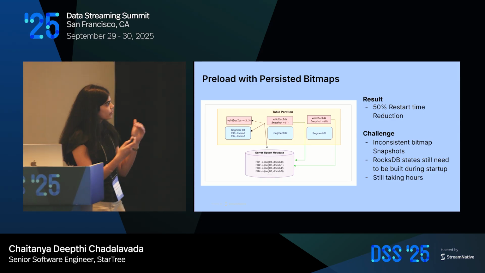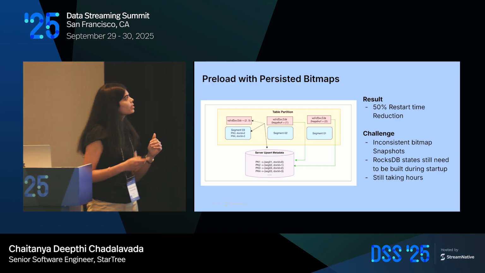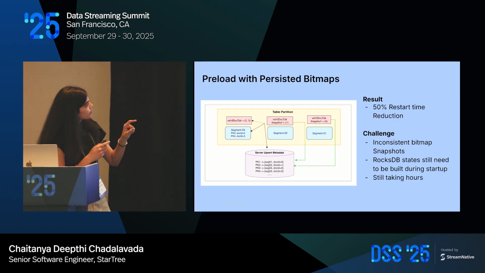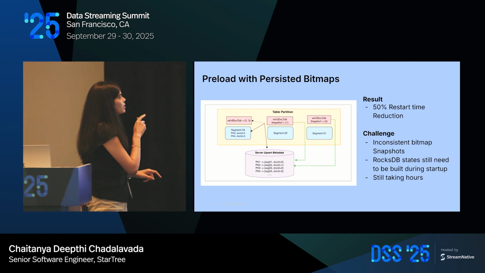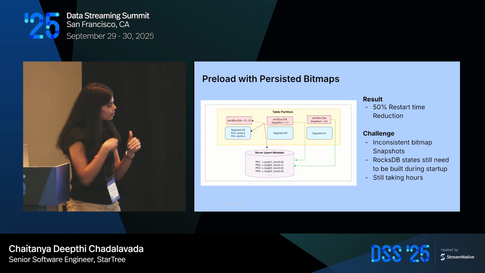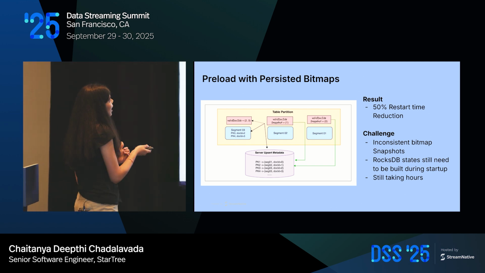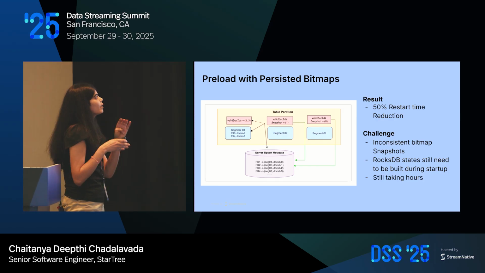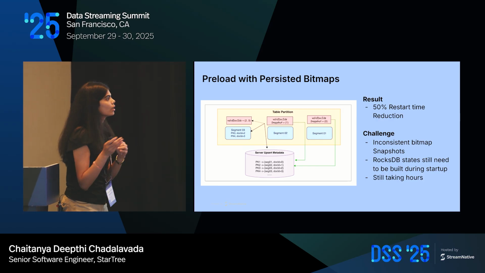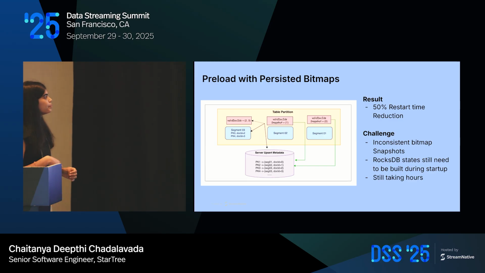Once the server comes back up, we looked at those snapshots and inserted those valid documents into the server. The remaining segments which didn't have valid document bitmaps will be reconsumed and the same upsert logic follows through again.